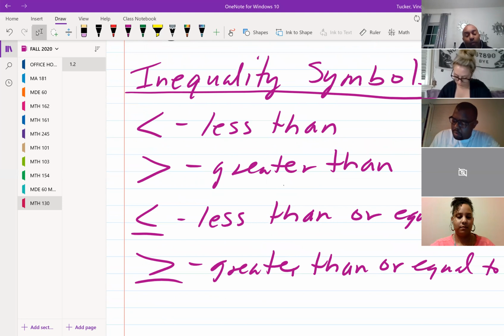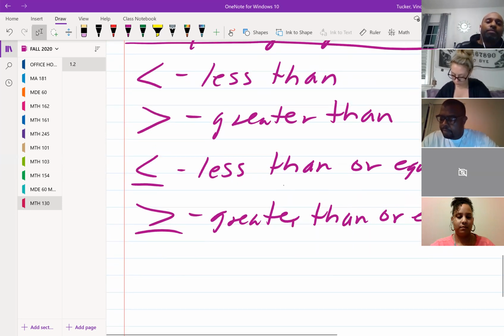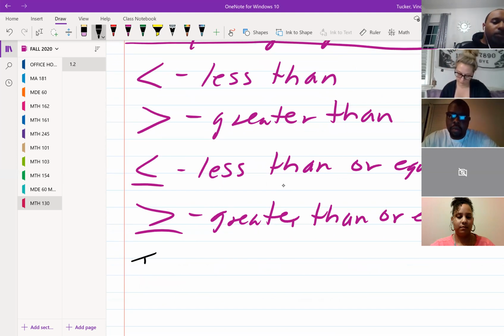There are 4 inequality symbols: less than, greater than, less than or equal to, greater than or equal to. Same as your first 2 symbols, but you have a bar under them to signify or equal to. Let's do it like this.